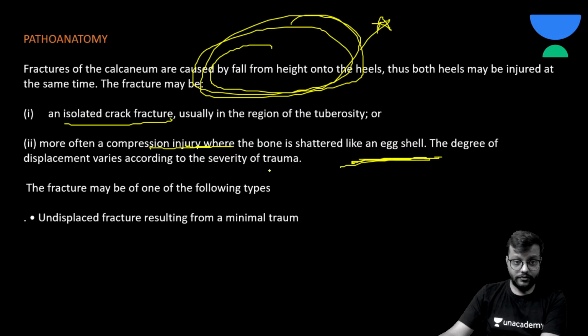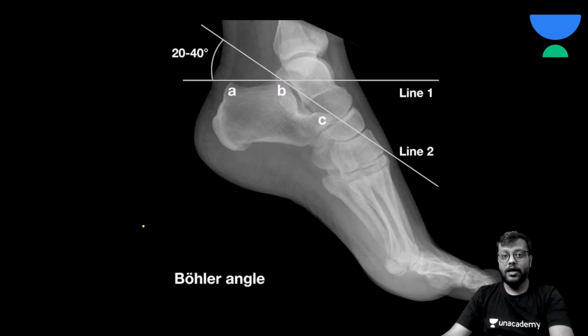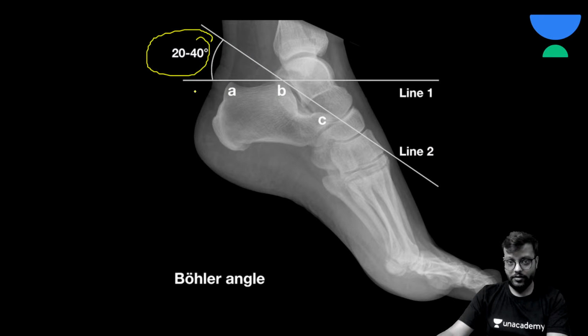Okay, now see, this is your talocalcaneal angle between the calcaneum and the talus. Okay, that, so this is not the talocalcaneal angle, it is like this.